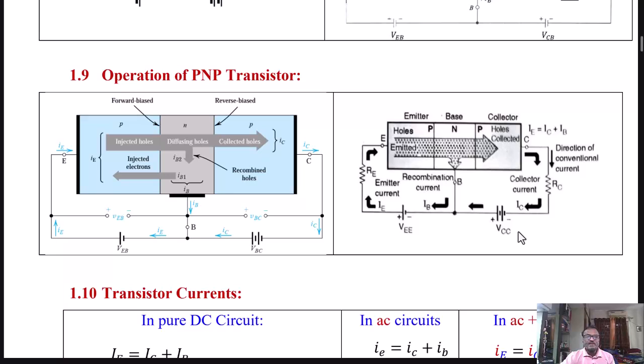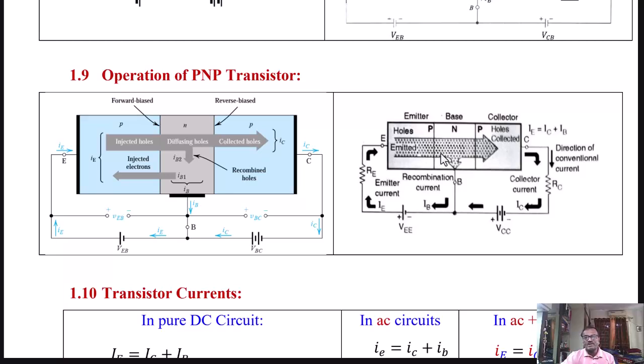Operation of PNP transistor. Here the structure is shown and the operation is exactly similar to the NPN device, only since the emitter region and collector region type is changed, the charge particles also change from electrons to holes as the majority charge particles.